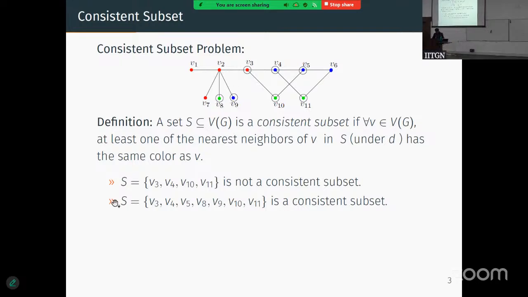But this is a minimum consistent subset.